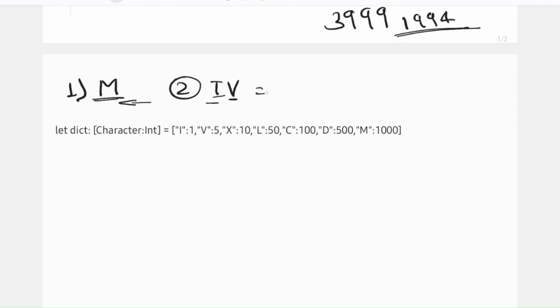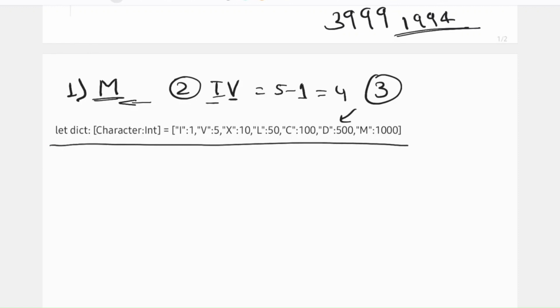So we subtract 1 out of 5, so it represents 4. Third is these are the only values which can occur in our string, so we are going to keep this in a dictionary so that we can use it for the iteration.